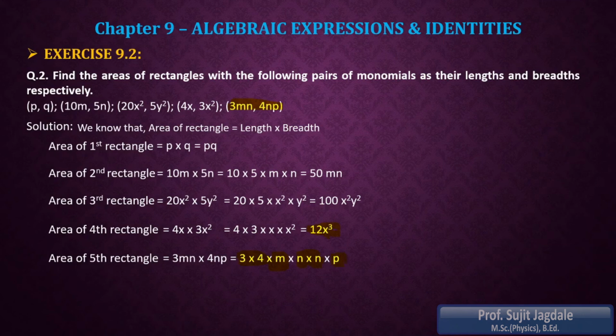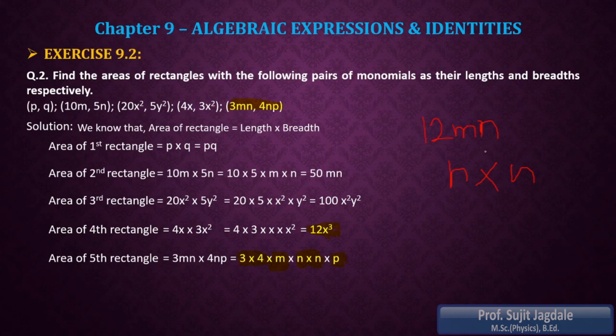So how I am going to perform the multiplication now? 3 4s are 12. Then m is not repeated, so m will remain as it is. After m, n is there. So how many times n is there? 2 times. So n into n, that variable will be as it is.